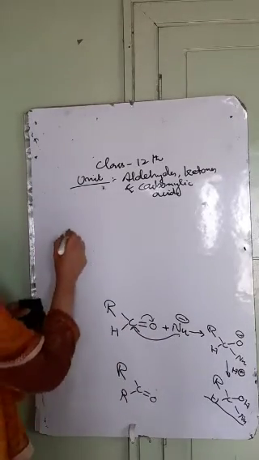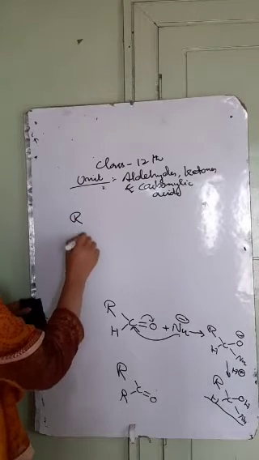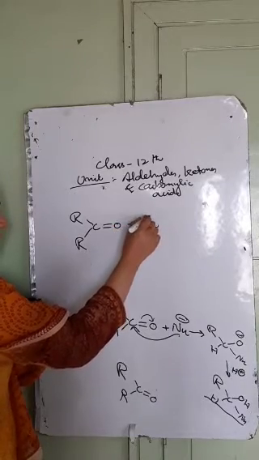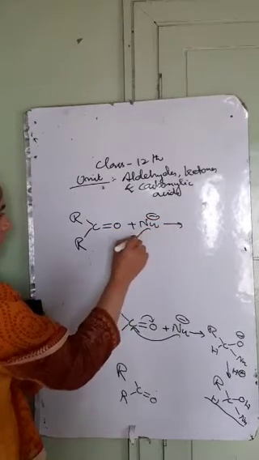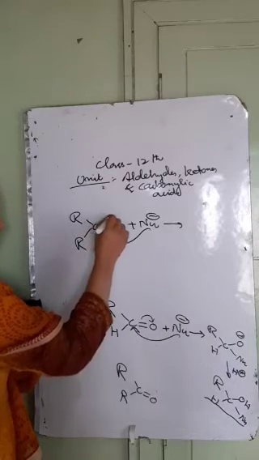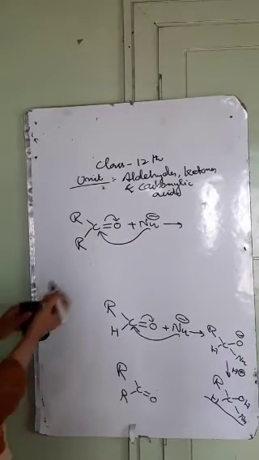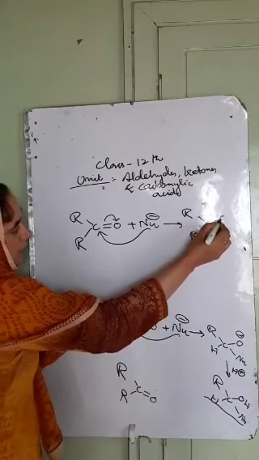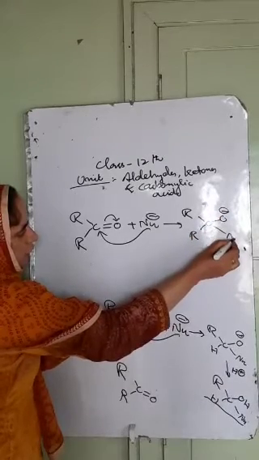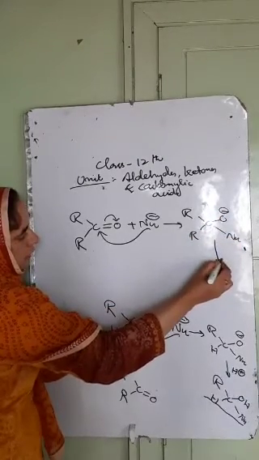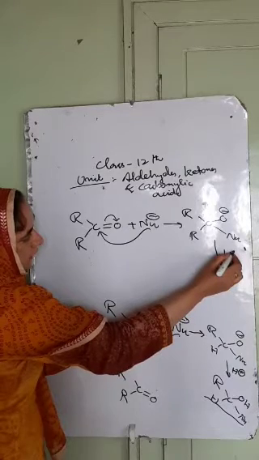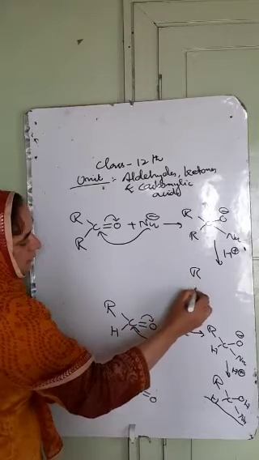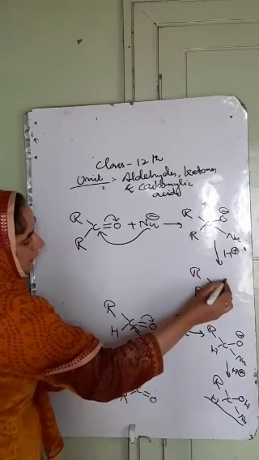So their mechanism is also like this: R and C=O, and here the nucleophile comes, and this nucleophile attacks the carbon and the pi electron is shifted towards the oxygen, where we have R and C with O negative and the nucleophile, and this O negative will abstract the hydrogen H positive ion either from the solvent or from the reagent, and the result is the formation of the addition product.